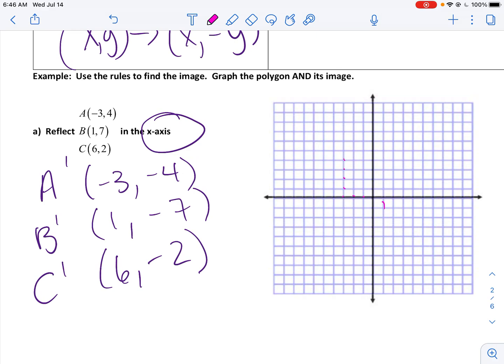I label it A. Then I go over to 1 and I go up 7. That gives me B. And then I go over 6 and up 2, and I put C.